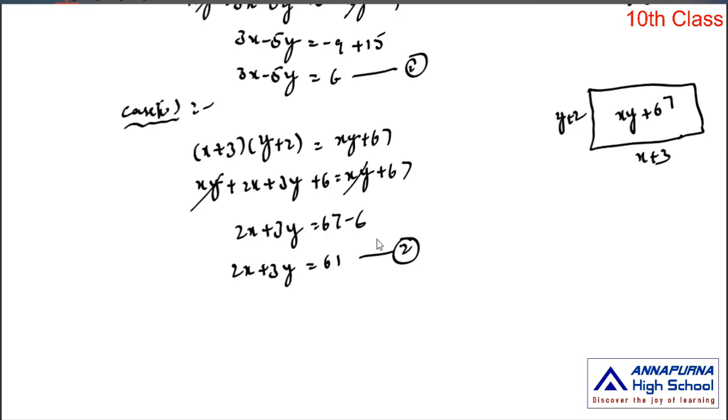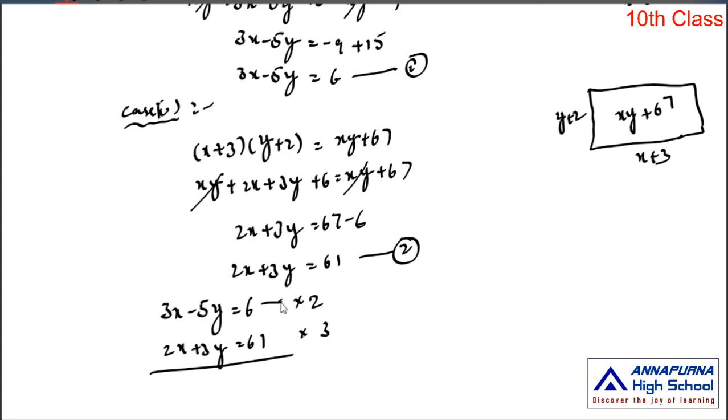Now solve these two equations by elimination method or substitution method. Here I am solving these two equations by elimination method. The first equation is 3x minus 5y is equal to 6, and the second equation is 2x plus 3y is equal to 61. So to eliminate the variable x, here I multiplied the first equation by 2 and the second equation by 3.